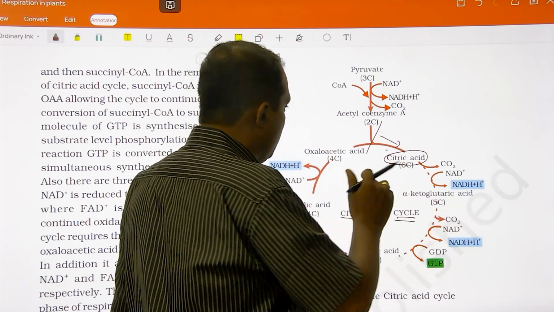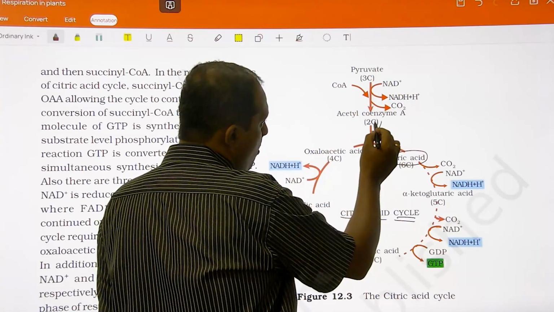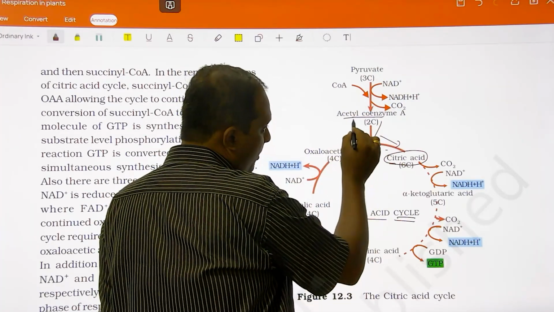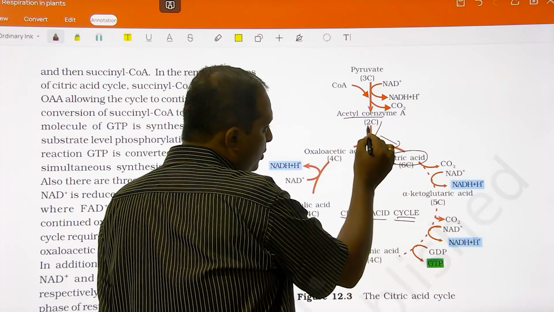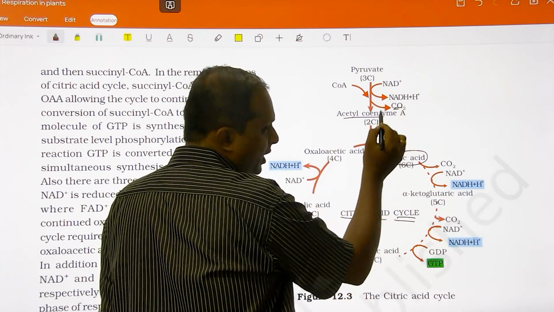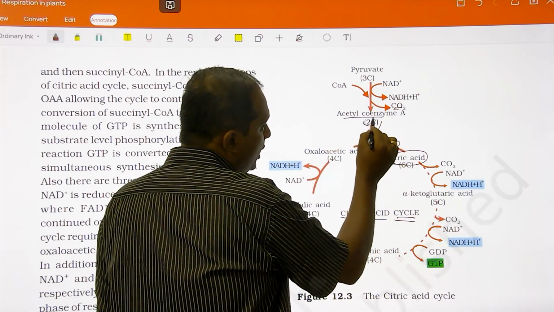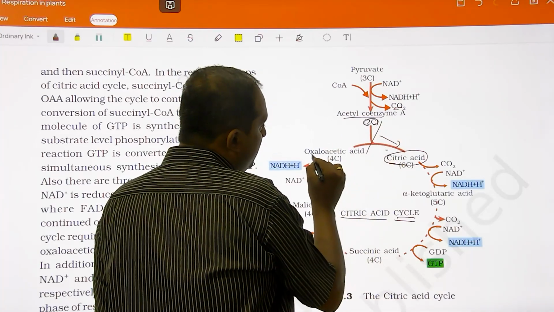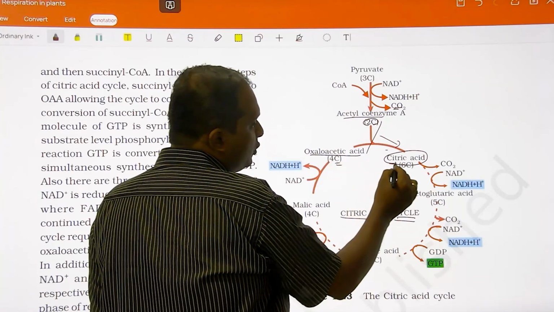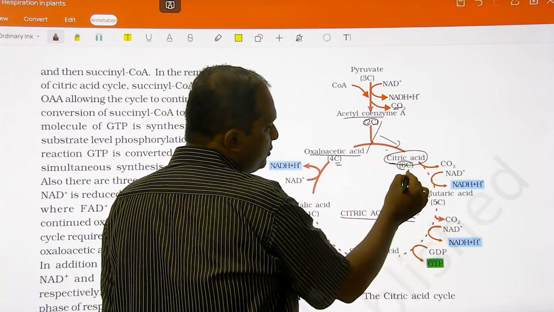Pyruvate, right? Acetyl CoA, right? Now this acetyl, you have to keep noting the number of carbons, right? One CO2 is lost here. This is a 2 carbon compound combining with oxaloacetic acid, which is a 4 carbon compound. So you get citric acid, which is 4+2, a 6 carbon compound.